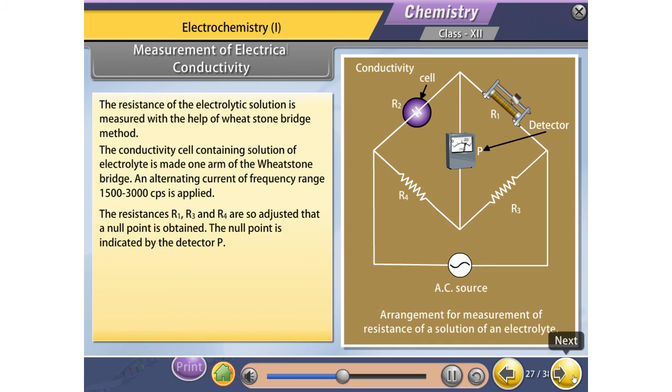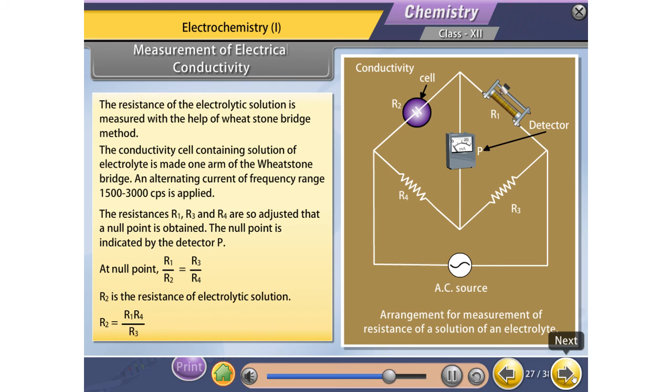The resistances R1, R3 and R4 are so adjusted that a null point is obtained. The null point is indicated by the detector P. At null point, R1 upon R2 is equal to R3 upon R4. R2 is the resistance of the electrolytic solution.